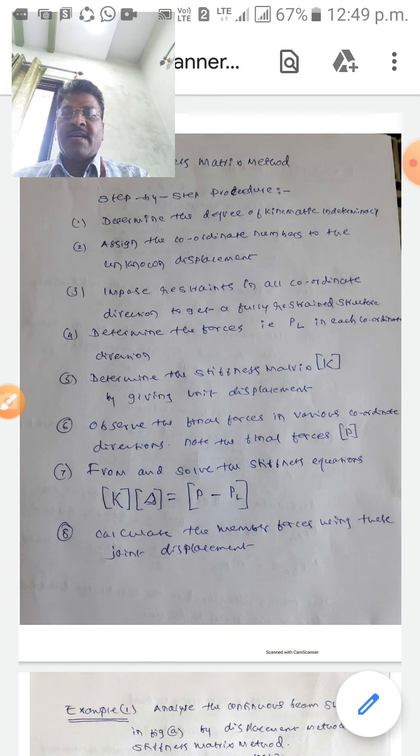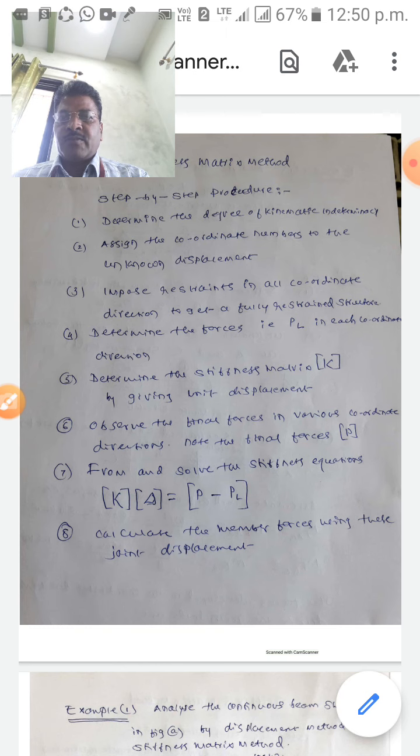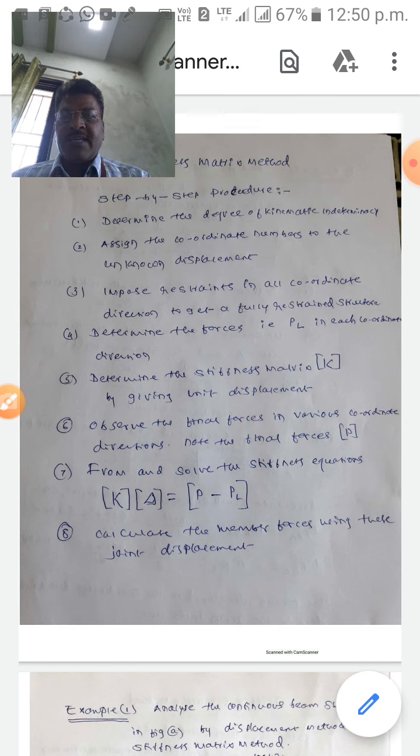Assign the coordinate numbers to the unknown displacements. Third, impose the restraint in all coordinates, that is A, B, C, drawn in the direction, to get the fully restrained structure. Determine the forces, that is the PL, the force due to loading in each coordinate direction. Then the fifth step is to determine the stiffness matrix K by giving unit displacement.